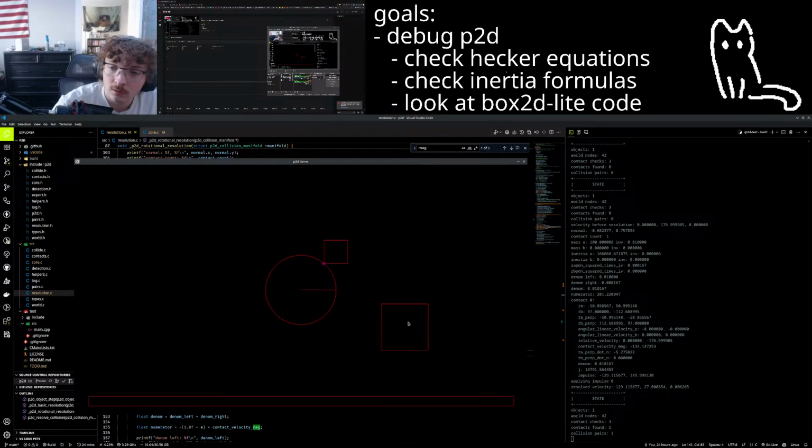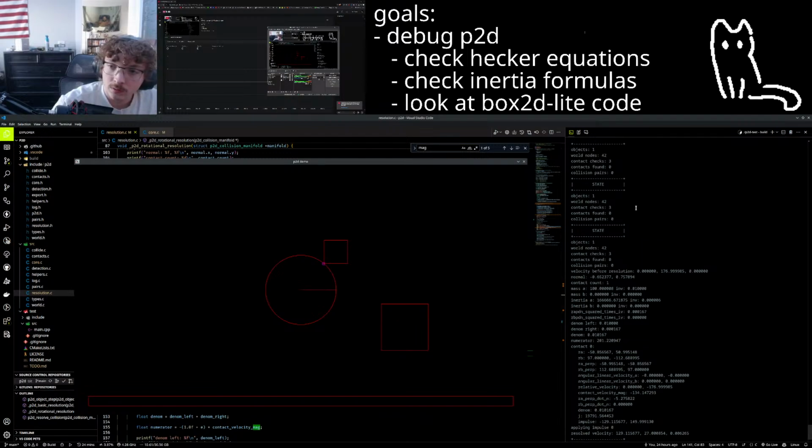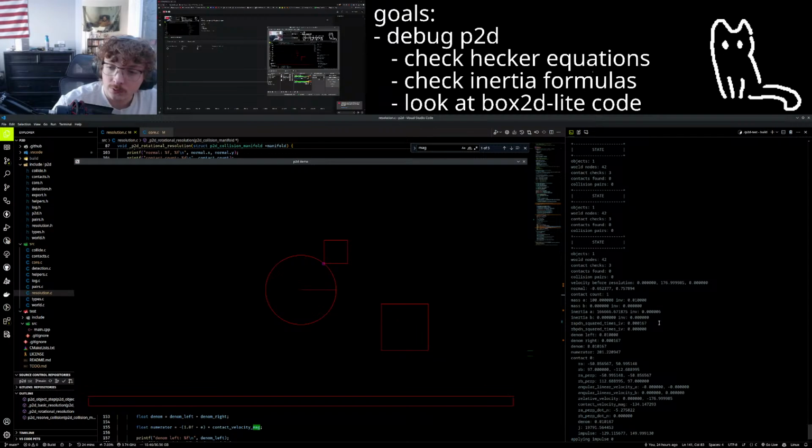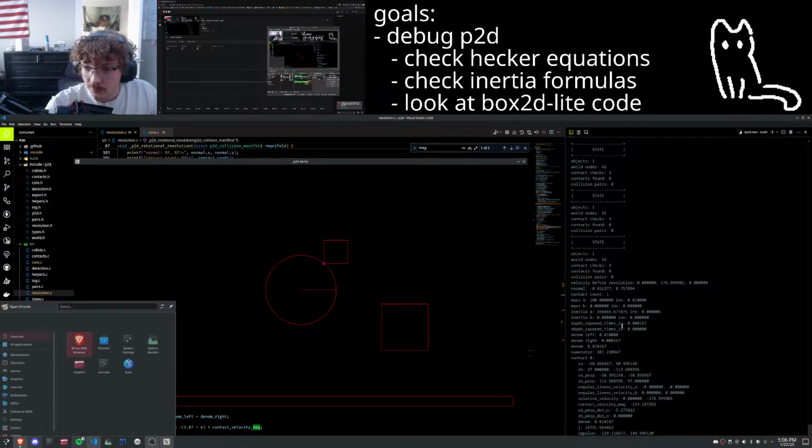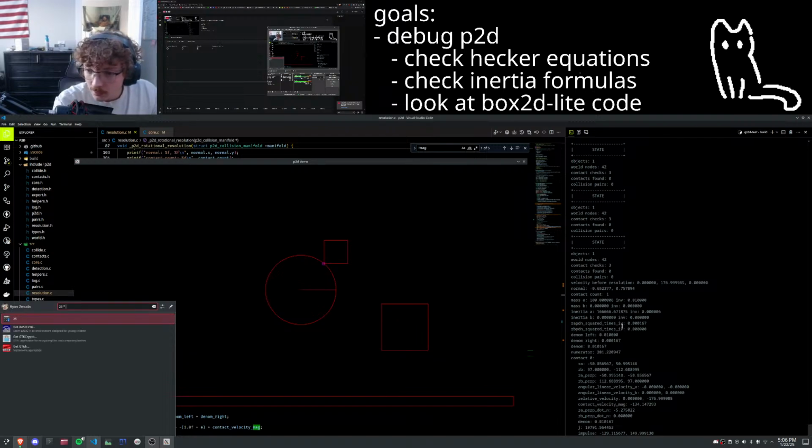Well, the inverse inertia is 0.000006, and the RA perpendicular dot n is -5. Squared is 25 times inverse inertia 0.000006, which gives 0.00015.